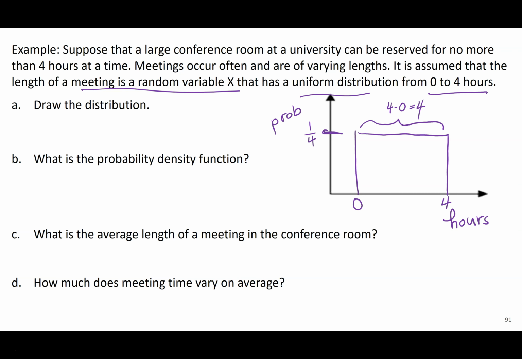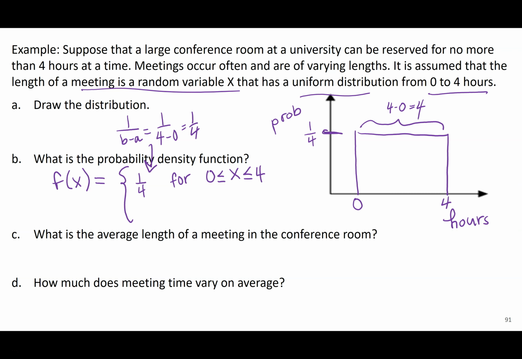So then what is my probability density function? f of x is 1 over b minus a, that's just going to be 1 over 4 minus 0, which is 1/4. So it's going to be 1/4 for x between 0 and 4.